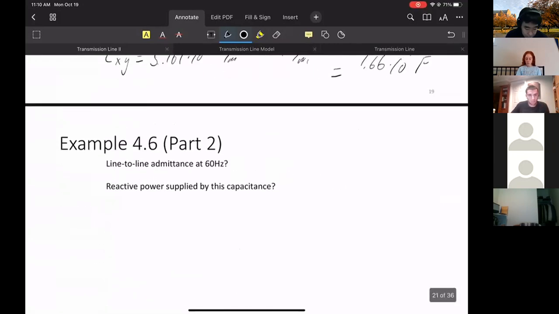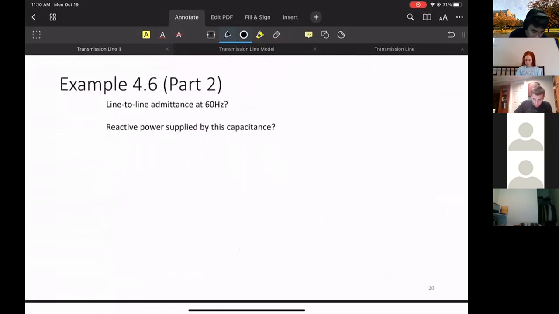what is the line-to-line admittance at 60 hertz? Remember, when we're using a circuit, we need to do the following calculation. The admittance Y is frequency dependent.